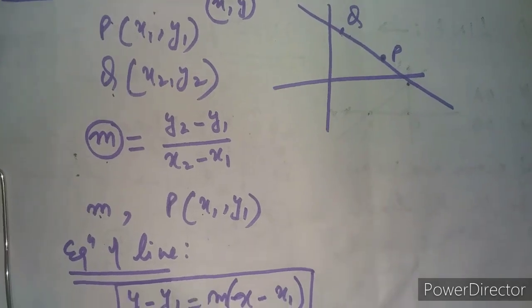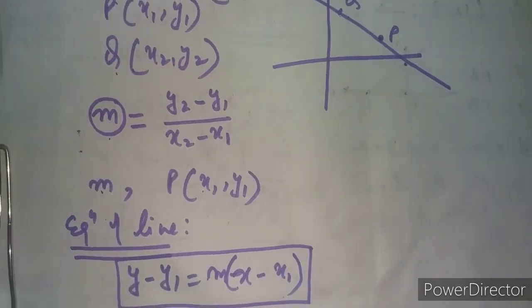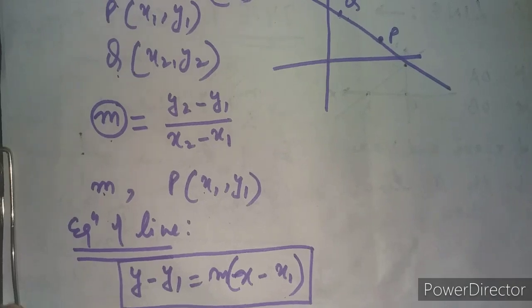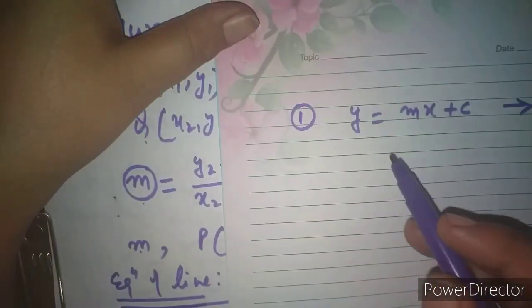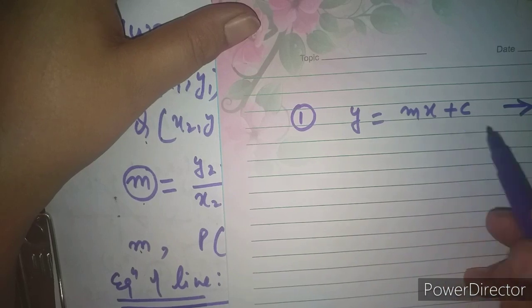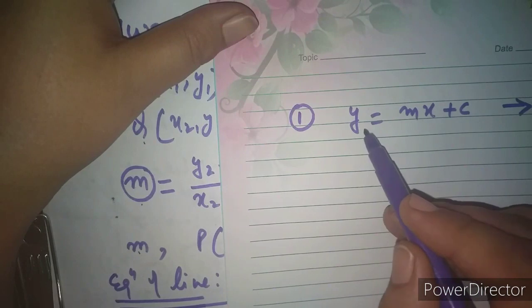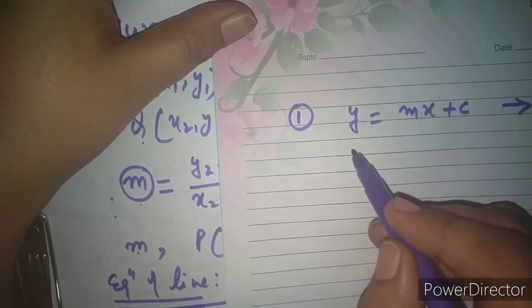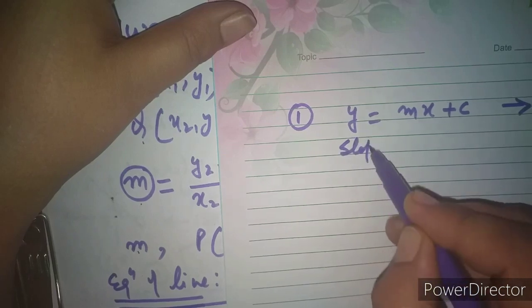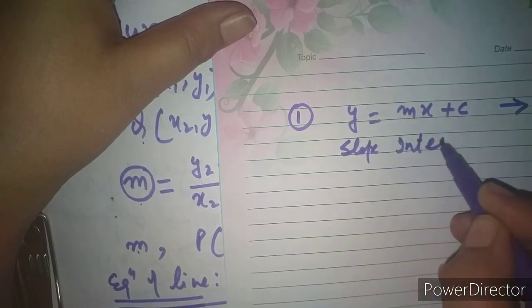So students, this was all about the three forms of the equation of a line. Now let me summarize them for you. The first formula is y is equal to mx plus c, and the name of this type is the slope intercept form.